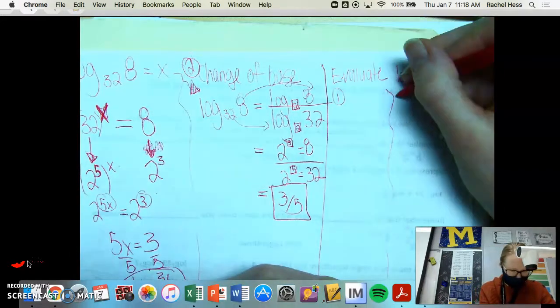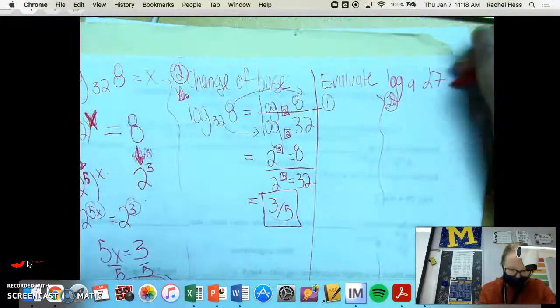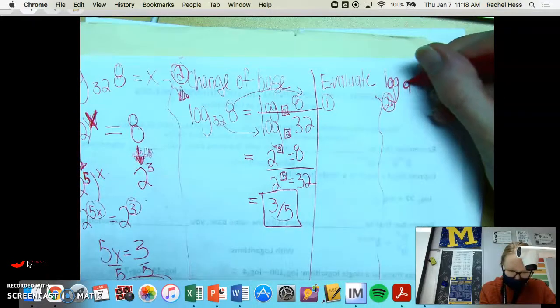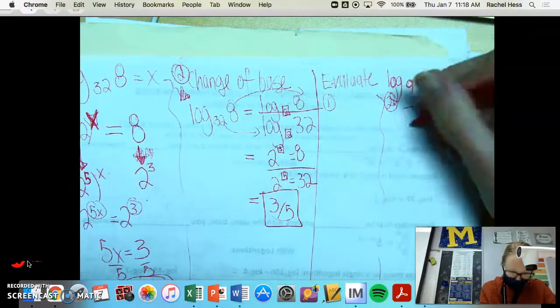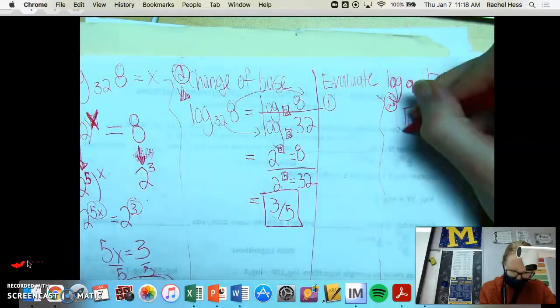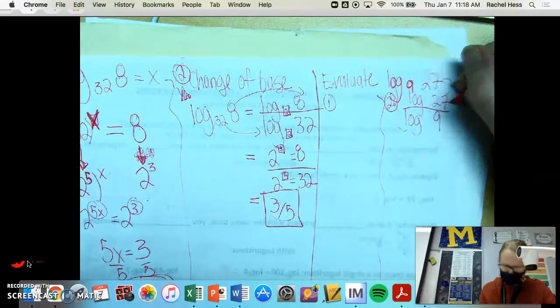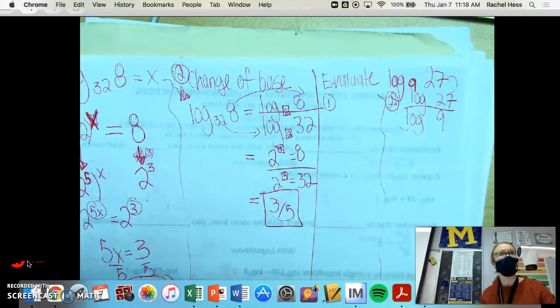So this time I'm going to start with the change of base. According to our rule, remember this base of 9 needs to go in the basement, so I would have log of 9 in the bottom, and then the 27 goes on top. What number goes into 9 and 27? 3. That's my first instinct, right?